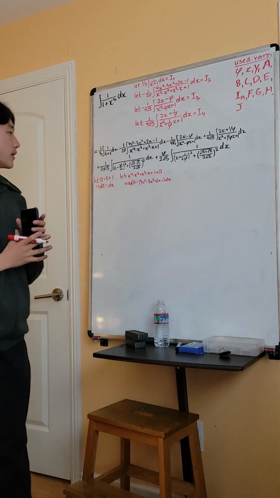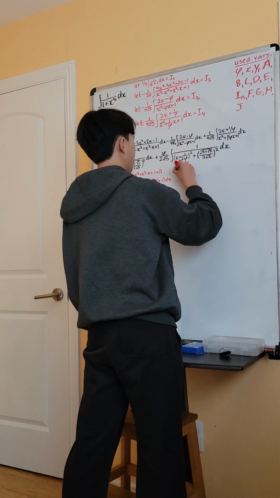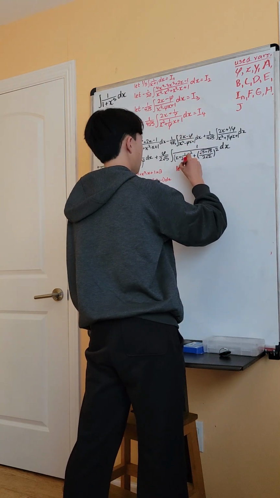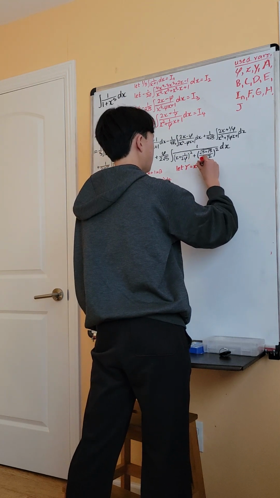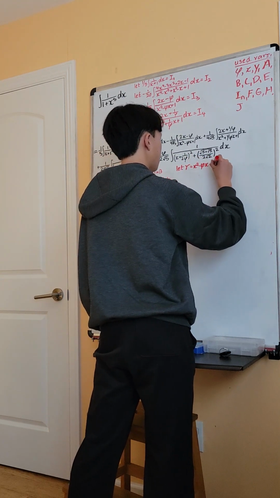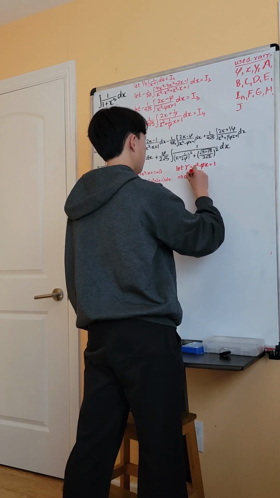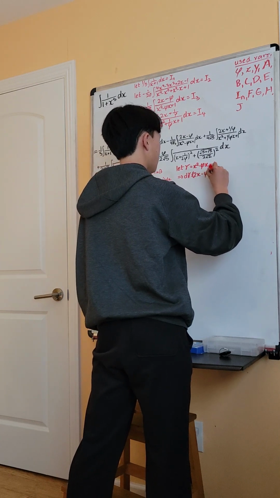Right. Okay, next substitution is this in here. Since the top is the derivative of the bottom, we let gamma equal the quadratic on the bottom, x squared minus 5x plus 1, and then differentiating gamma gives 2x minus 5 dx.